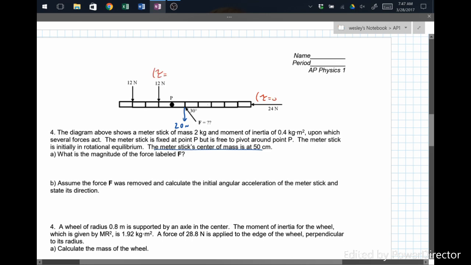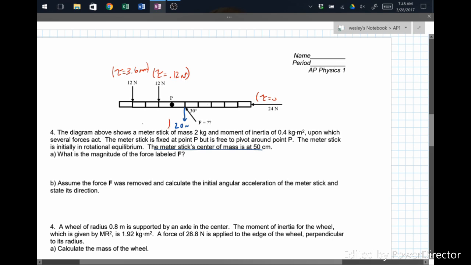The torque here is 12 newtons times 0.1 meters. So that's 1.2 newton meters. The torque here is 12 newtons times 0.3 meters. So the torque is 3.6 Newton meters.